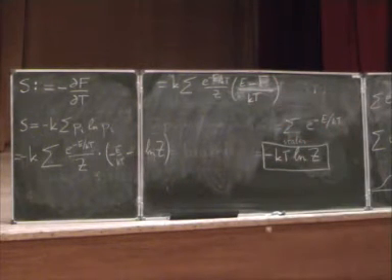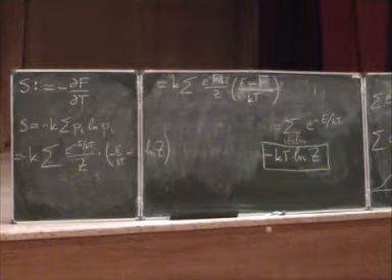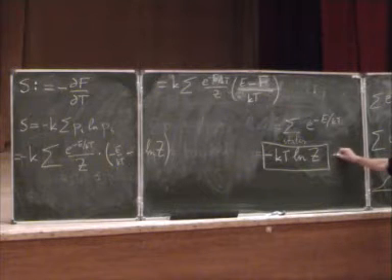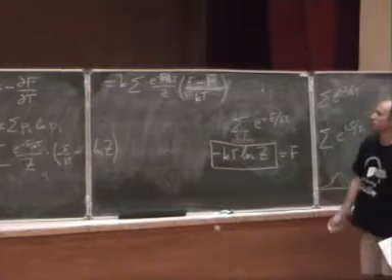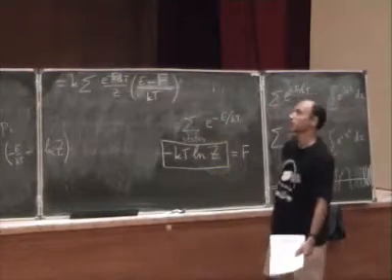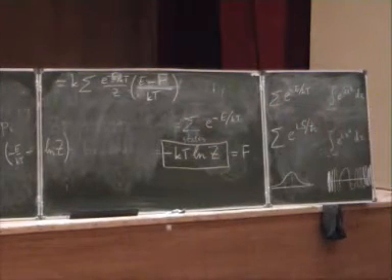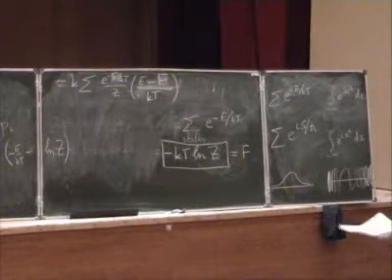Okay? I use the equality that logarithm Z is equal to minus F divided by kT. So this is what I get.